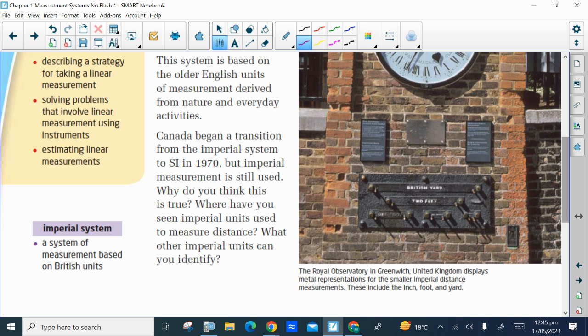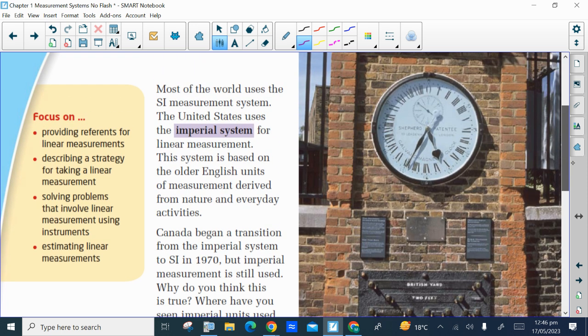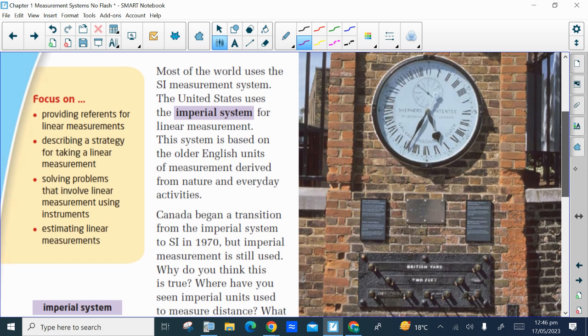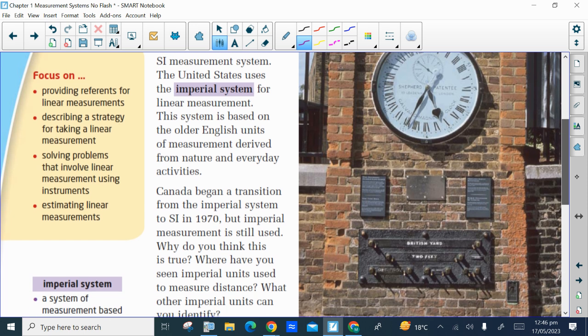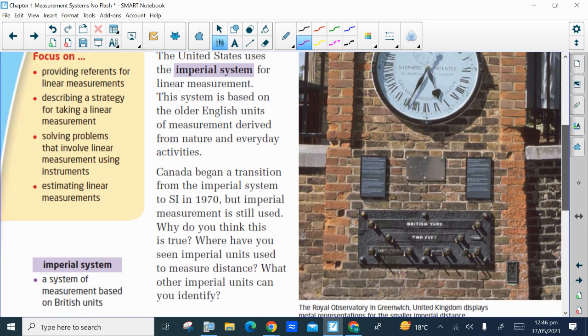You've heard that term before. That length actually came from the King of England at the time, who used his own foot to determine how long a foot would be.